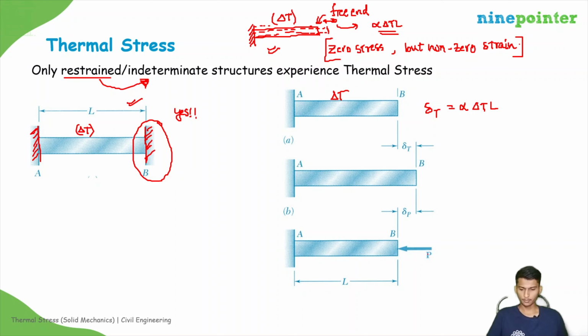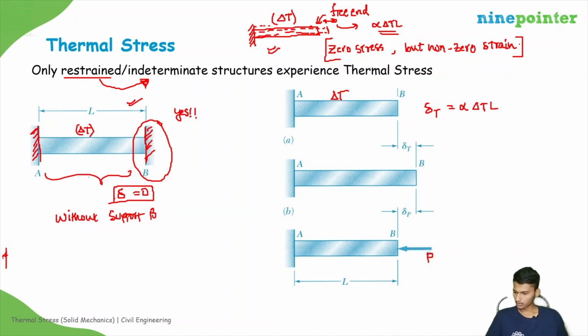Suppose that force is P. What is this P doing? This P is contracting the rod by delta T. How? Finally, the net delta is zero, right? Without support B, we can apply the superposition principle.